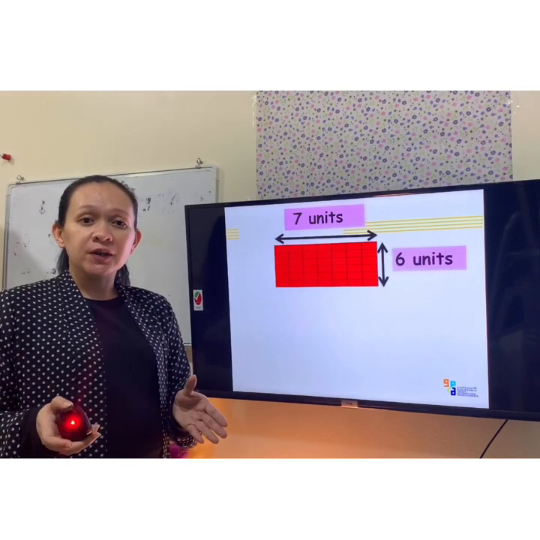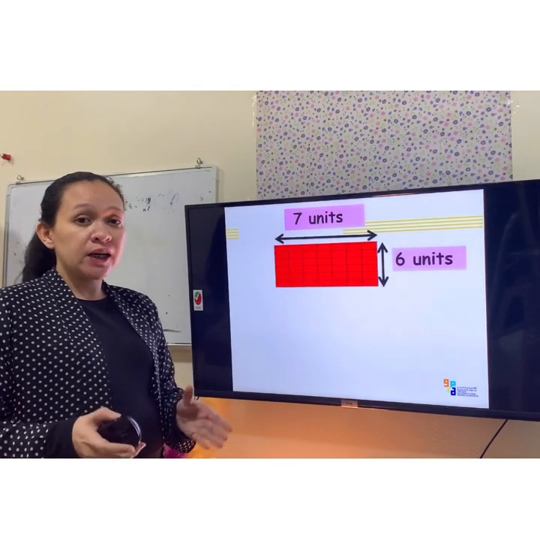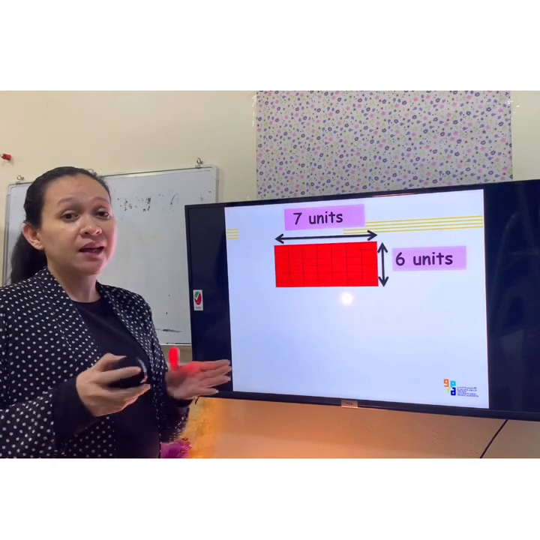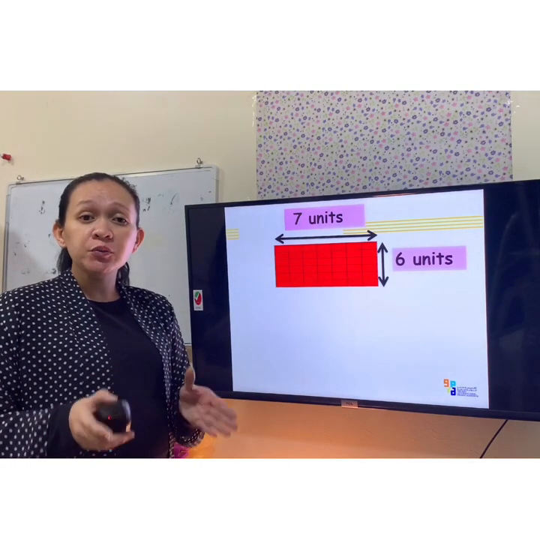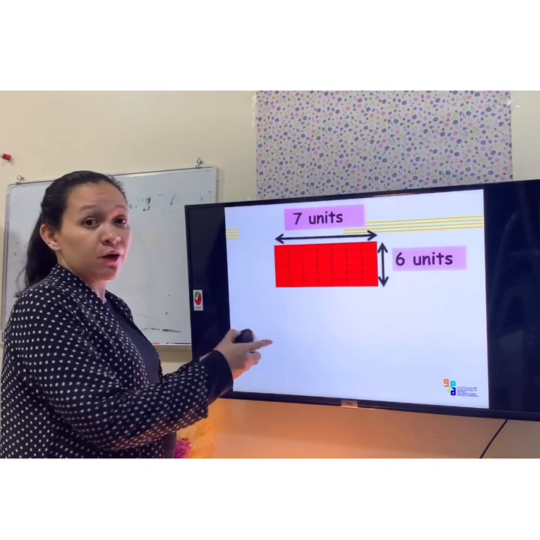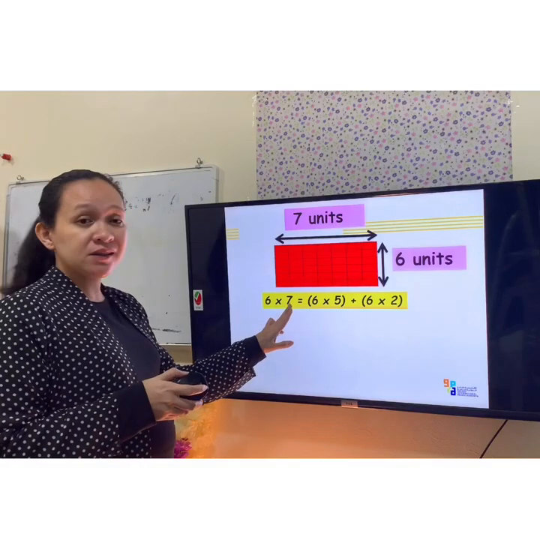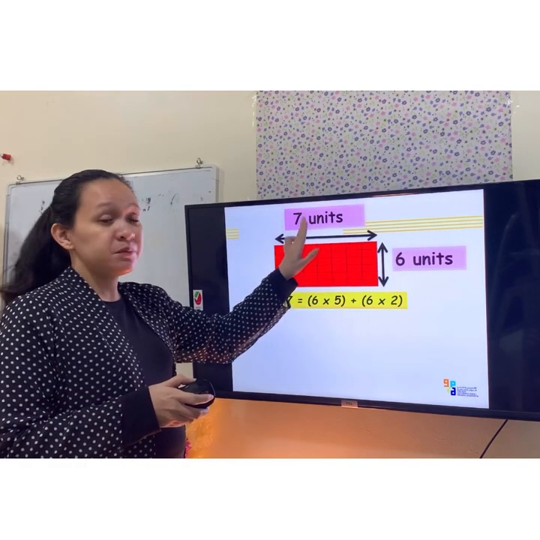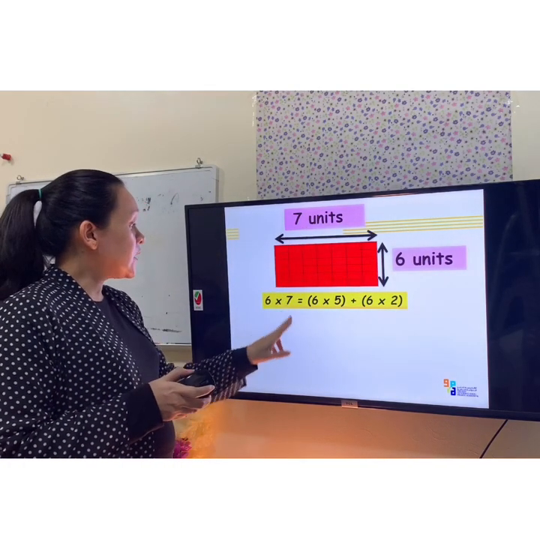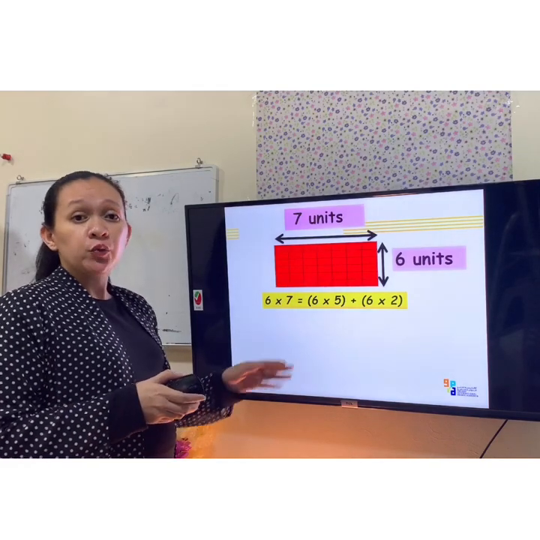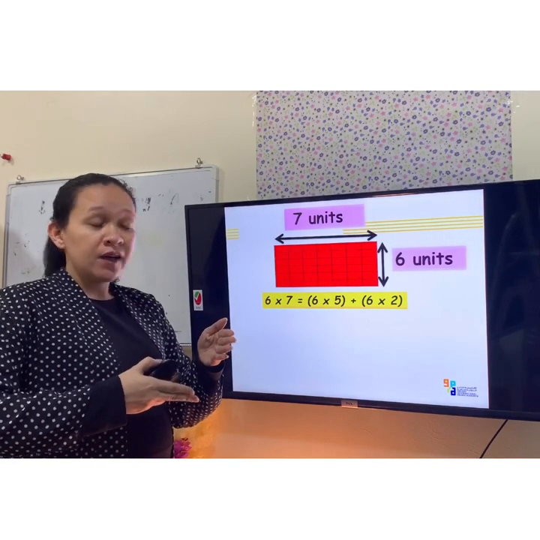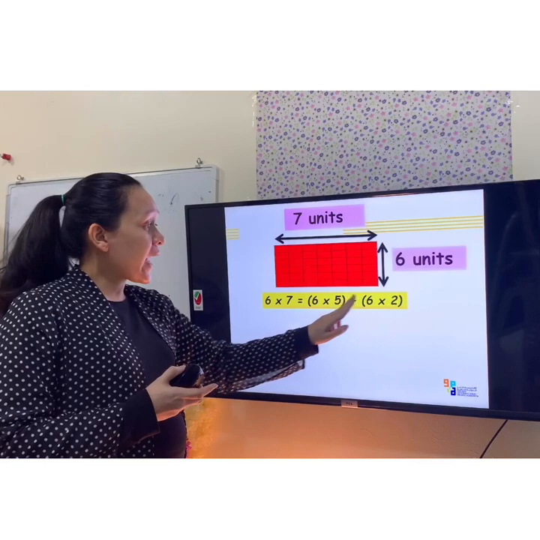What is your answer? Now, we are going to check if your answer is correct. Again, we are going to use distributive property to get the area of this figure. Now, here, 6 multiplied by 7. Since 7 is the biggest number, we are going to decompose this one. So, we are going to use 5 and 2.